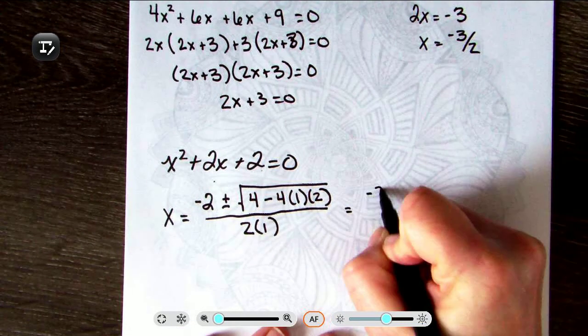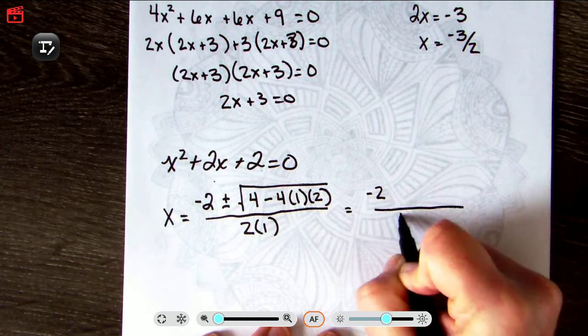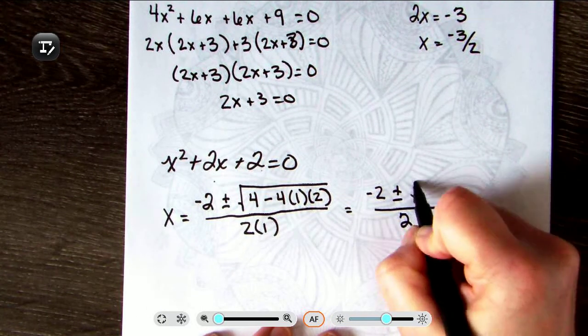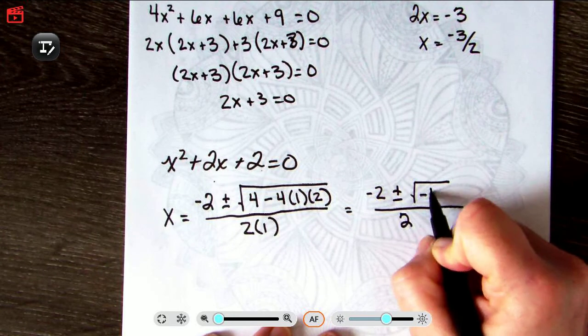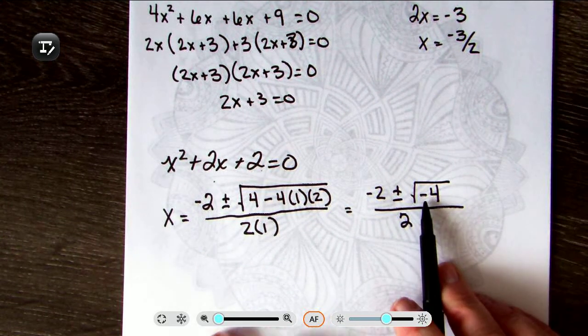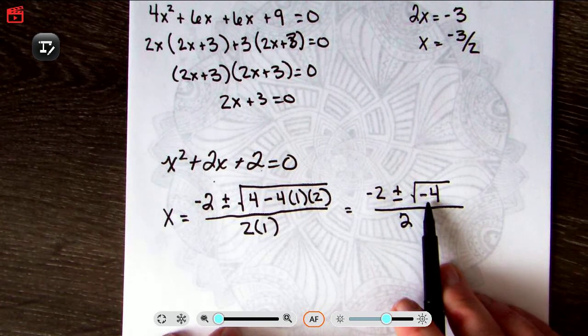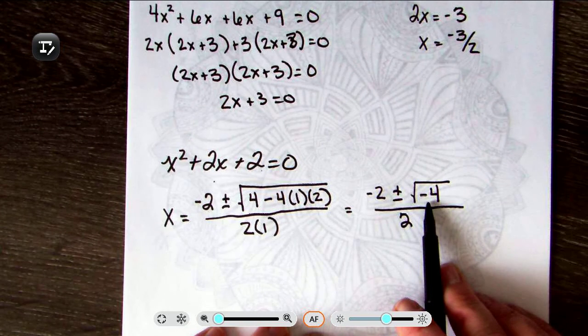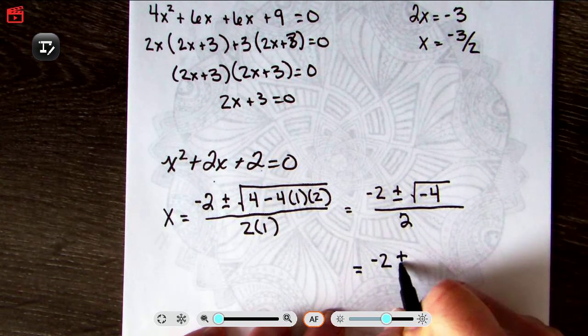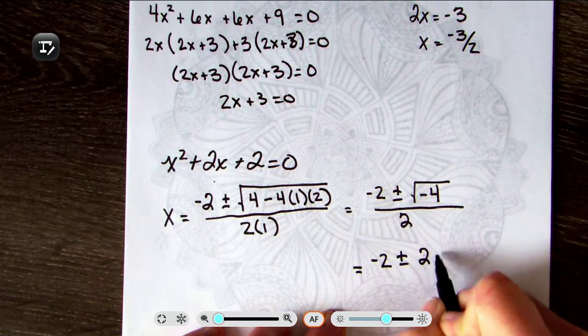Now I will clean this up. So 4 minus 8 gives me a negative 4. The square root of a negative does incorporate those imaginary numbers from section 5. Hence the reason I suggest doing 5 first, because I can write this now as 2i.